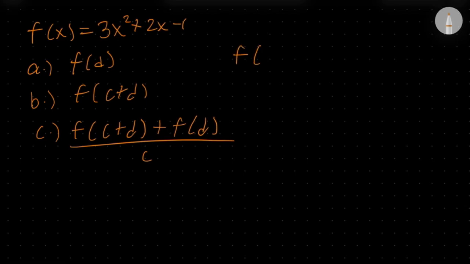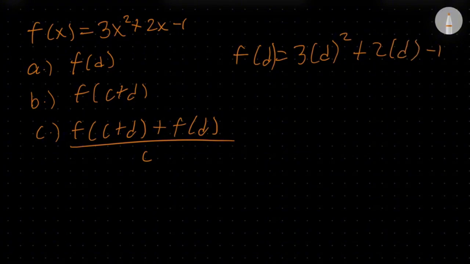f of d is equal to 3 times d, since we are plugging in the value of x into the equation, squared, plus 2, and let us plug it in again, d, minus 1.